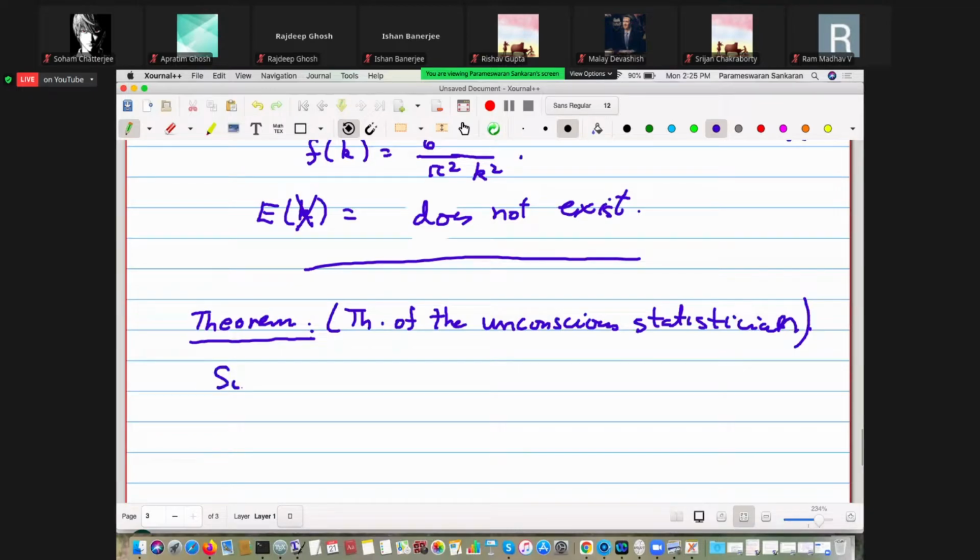So suppose that X is a random variable, a discrete random variable. We have defined it only for discrete random variables for now.